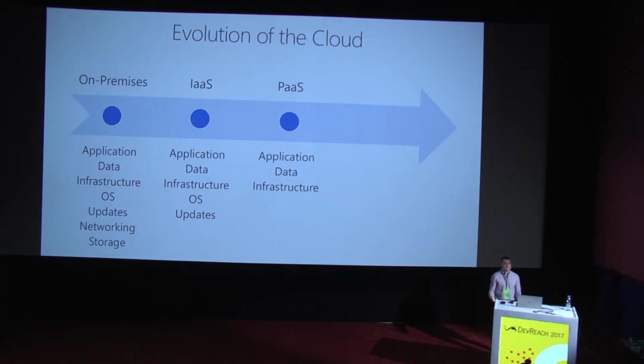And we take care of patching the operating system, the networking, things like that. But still, we had to think about, okay, I have this app now running in the cloud. How can I actually scale it? You had to think about infrastructure. Also, you had to think about what kind of tier I need to purchase of this platform as a service, whatever it is.